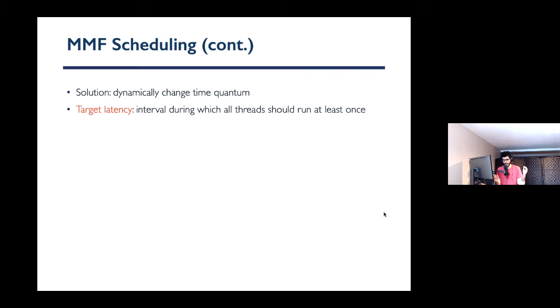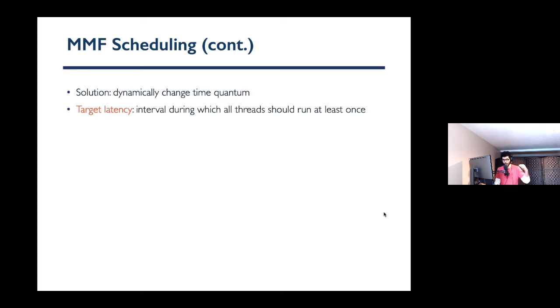So you say every 100 milliseconds, for example, I want every single application in my system to at least run one time. If you can define that target latency, then you can define the length of the time quantum to be that number divided by the number of threads in your ready queue.